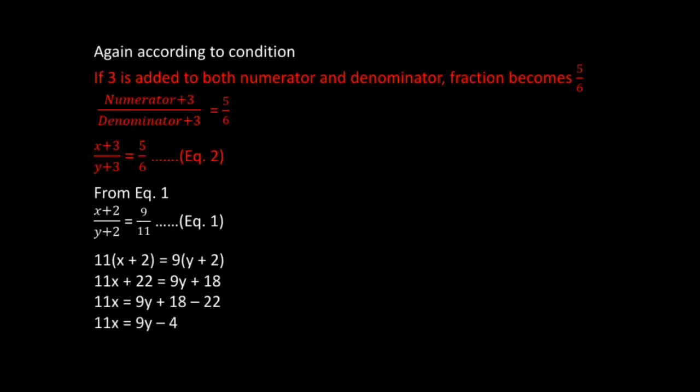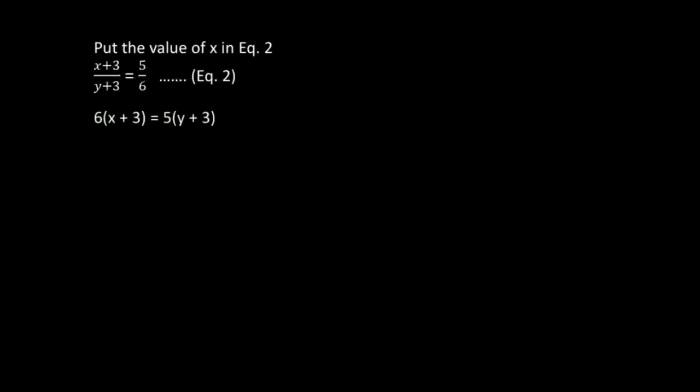11x = 9y - 4, that is x = (9y - 4)/11, that is equation number 3. Now put the value of x in equation number 2, and equation number 2 is that (x + 3)/(y + 3) = 5/6. Now cross multiply: 6(x + 3) = 5(y + 3).